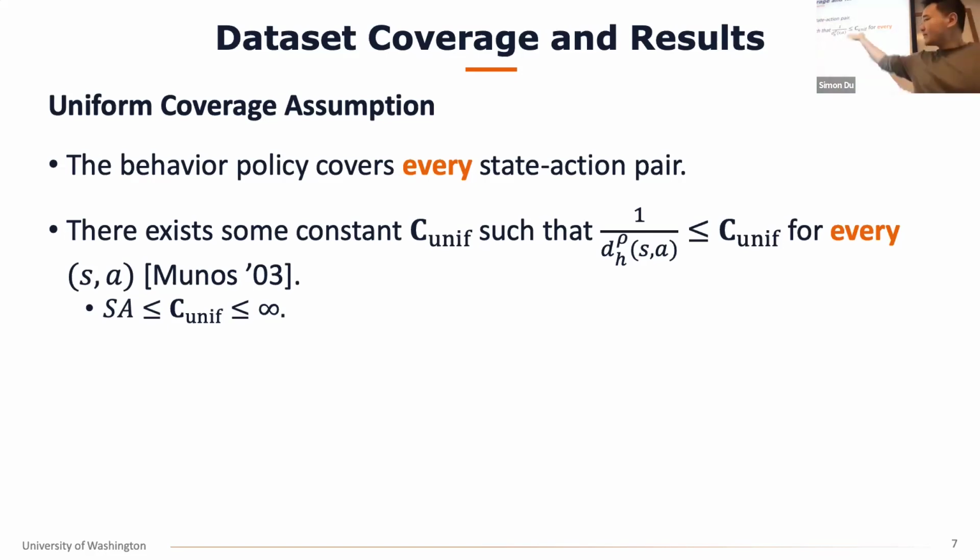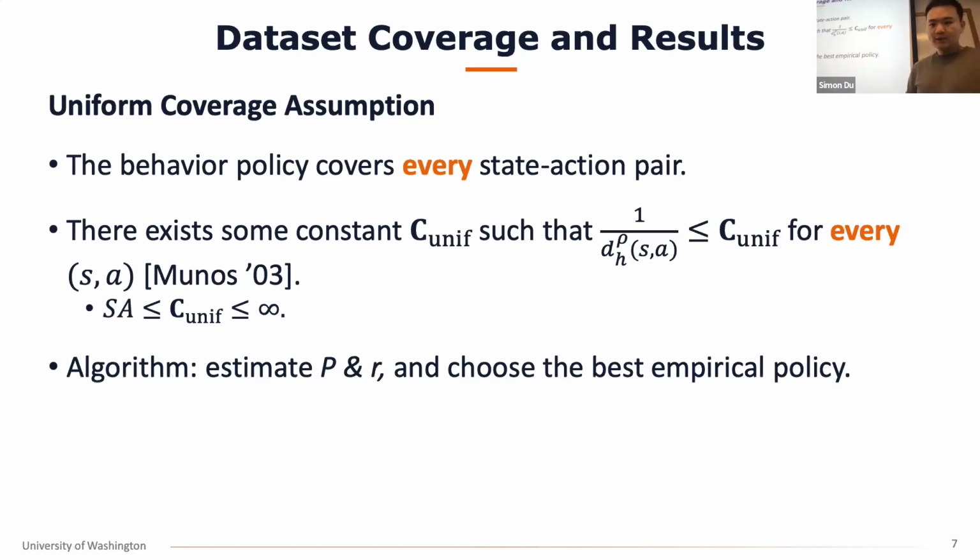But if you have this condition and C uniform is finite, what you can do is use empirical data to estimate the transition P and the reward R, and then based on this estimated reward and probability, you do a planning step and output the best policy from this empirical estimate.